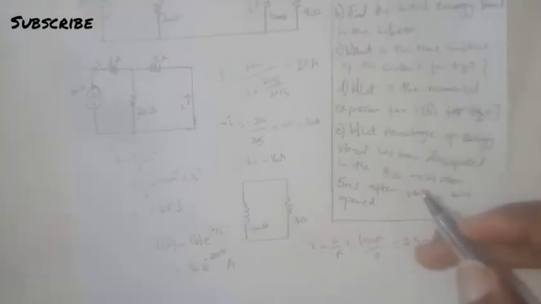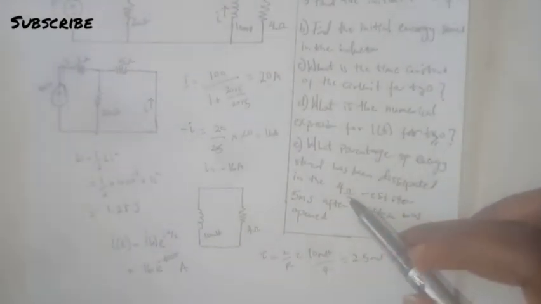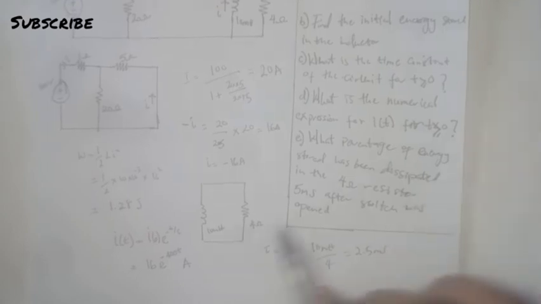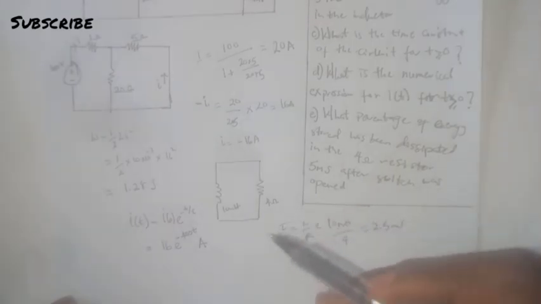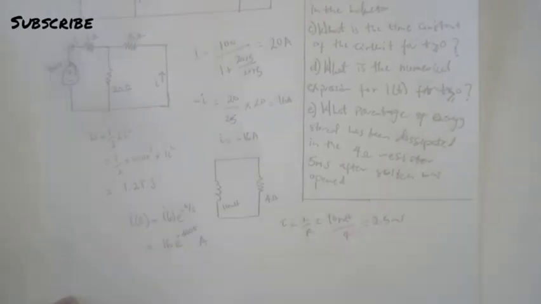Next, we are required to calculate the percentage of energy dissipated in the 4 ohm resistor after 5 milliseconds. The way to do this is to calculate an expression for the power, and then integrate with respect to time.